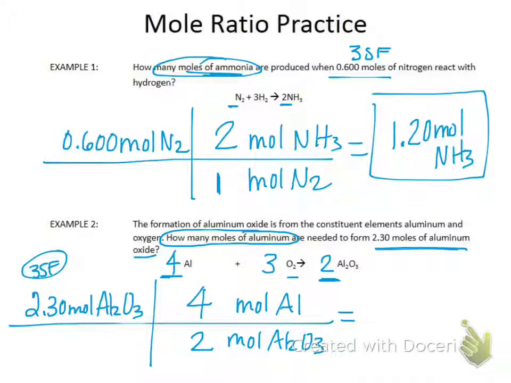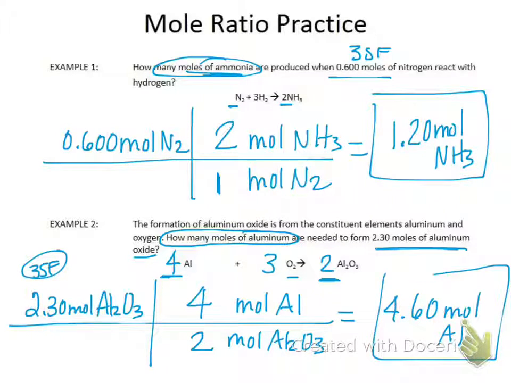Or, as we get more complicated, you can use the N over D key that we talked about in the beginning of the year, where you punch everything on the top, then go to the bottom, punch in everything, and then equal, and you should get the correct answer. Okay, so when we do that, we get 4.60 moles of aluminum, and that is our answer.